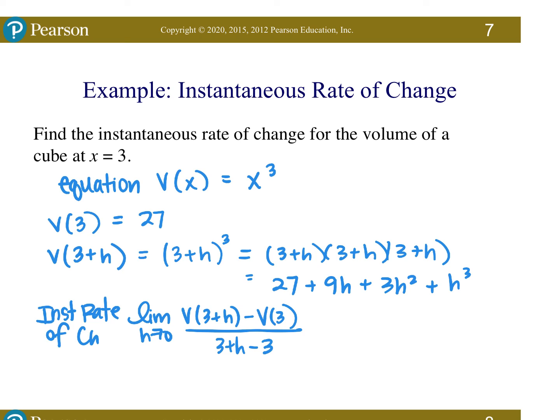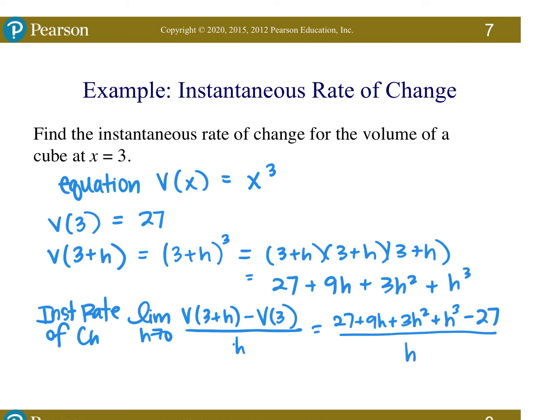And my numerator would be the 27 plus 9h plus 3h squared plus h cubed, minus the original 27, and the whole thing over h.